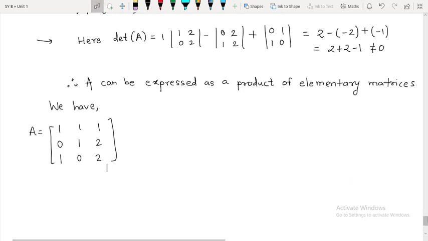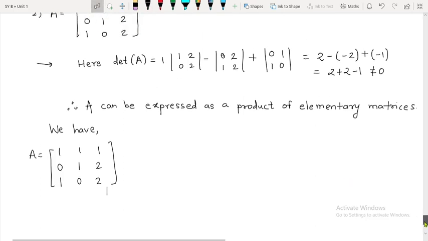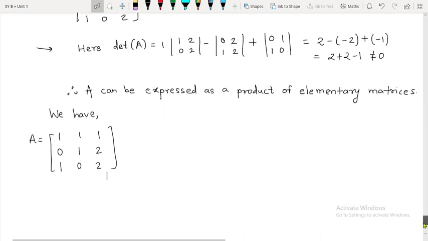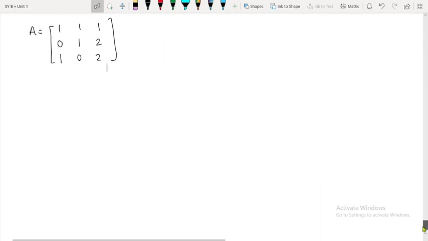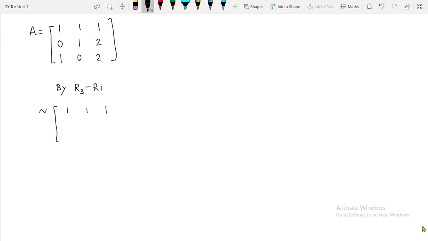Can you guess? Yes, it is R3 minus R1. So by using R3 minus R1, this will be equivalent to 1 1 1, this will be as it is 0 1 2, this will be 0 0 minus 1 is minus 1, 2 minus 1 is 1.